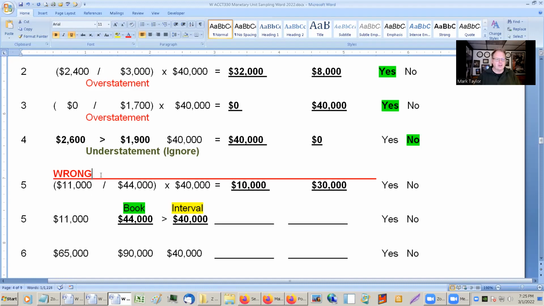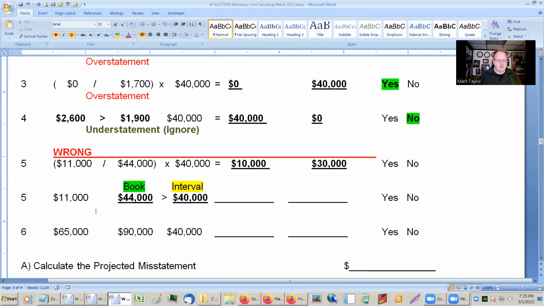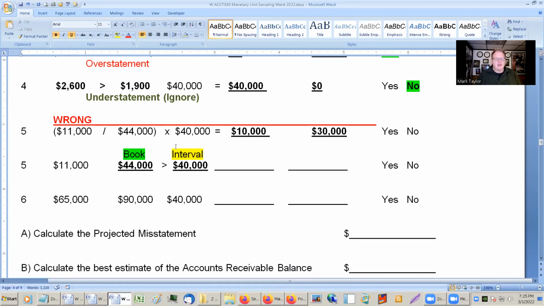I'll leave it like that, just so we really know it's wrong. If you look at this item, here's the audit amount. If you compare the audit to the book amount, what is this thing actually off by?